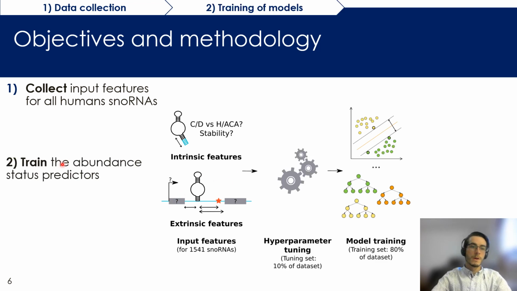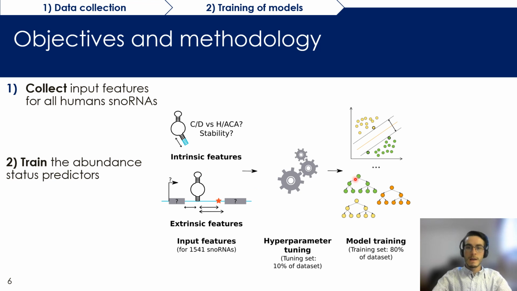The second part was to train, using machine learning, the abundance status predictors, to predict finally whether snoRNAs were expressed or not expressed in our tissue datasets based on these features. So I did the hyperparameter tuning on a tuning set composed of 10% of these snoRNAs. Then I trained the models using a training set composed of 80% of these snoRNAs.